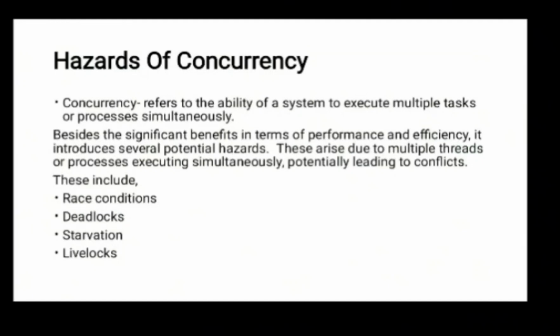There are race conditions. These race conditions occur when multiple threads are trying to access the same data, but the outcome will just depend on the timing of the thread that will get there first. Let me give an example of athletes. They are all targeting to reach the finishing line because they all need one prize.